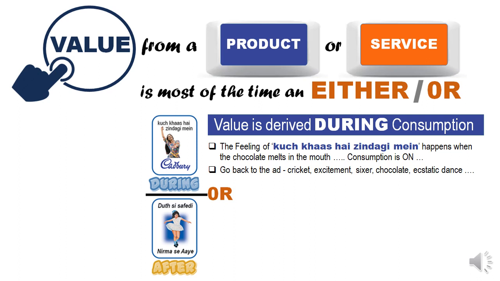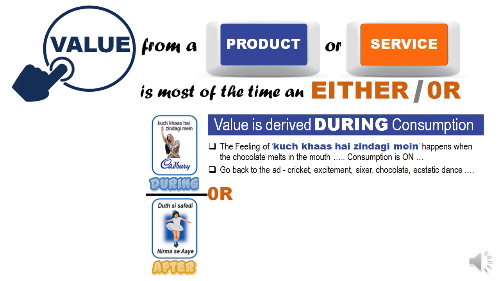Let me take you back to that wonderful advertisement which we have all seen several times. For those who have not seen, simply type Kuch Khas Hai Zindagi Mein in YouTube and you will see the ad of a cricket stadium. The excitement is on, the boyfriend is on 99, on the verge of a century, and the girl is munching chocolates and praying.